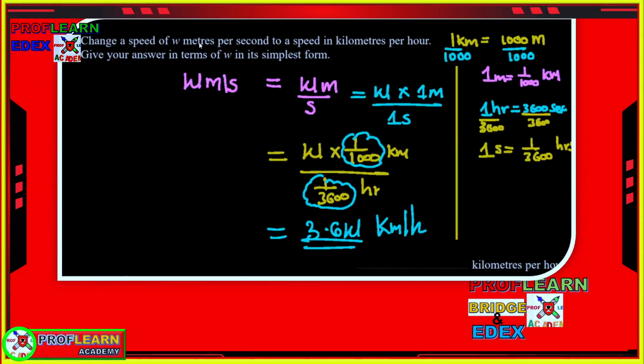Change the speed of W meters per second. W meters per second can be written as W times 1 meter over 1 second. But you know 1 kilometer is equal to 1,000 meters, isn't it? Divide by 1,000, you will have 1 meter is equivalent to 1 over 1,000 kilometer. Then 1 hour is equal to 3,600 seconds.